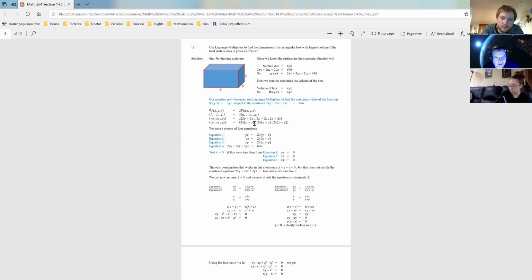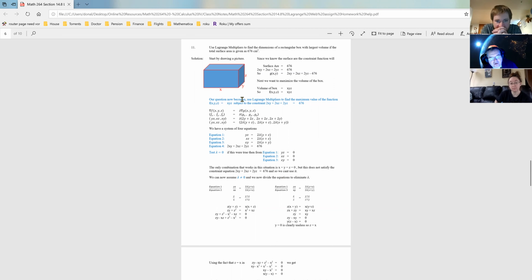So the question might be, what's the shortest distance between the point 1, 2, 3 and the plane f of xy equals 3x plus 2y, that kind of thing.